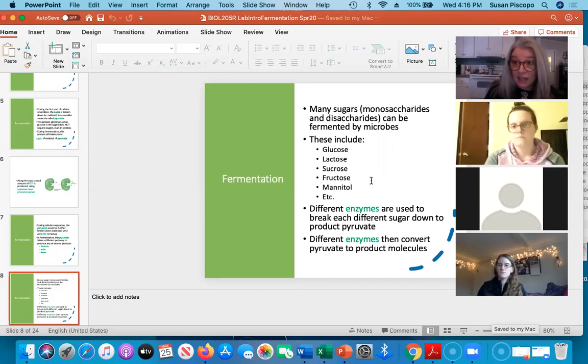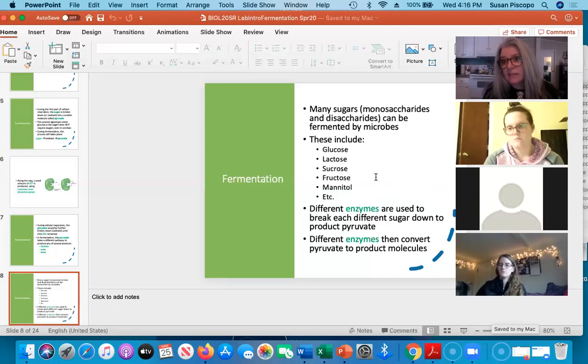And then if that Staphylococcus ferments mannitol, the agar turned yellow. So there are lots of different sugars that microbes can ferment, and we take advantage of that in that we know which organisms like which sugars, and we can test for those and identify them based on the results.